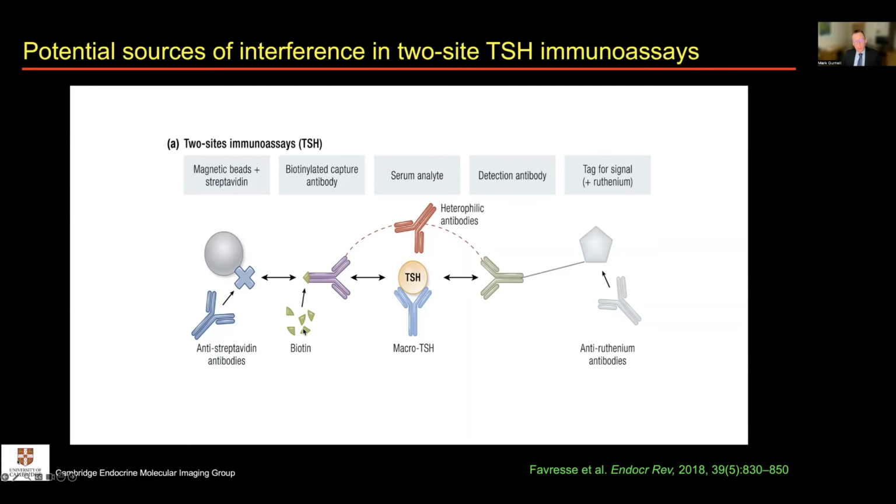And biotin is a key component of that biotin streptavidin complex. Now, if free biotin in the serum is able to occupy these binding sites, then it may prevent the formation of this complex between the immunoglobulin and the streptavidin. And that can therefore produce a TSH result which appears to be very low.